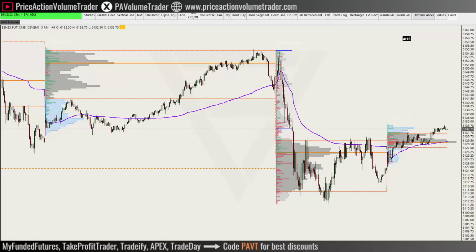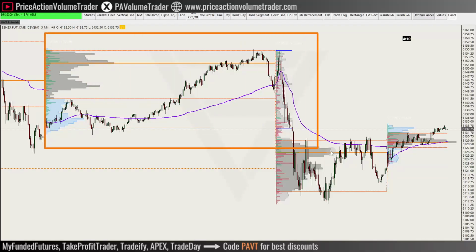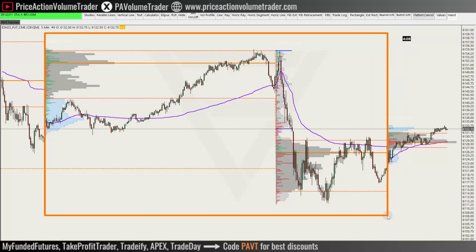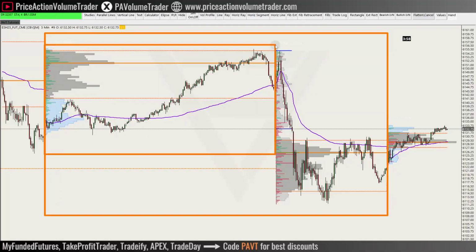So in a 5-minute chart right here, this is an entire futures trading day. This is 23 hours a day, but remember we have 2 sessions. So from here to here, this is extended trading hours from 6:30 p.m. Eastern to 9:30 a.m. Eastern the next day.